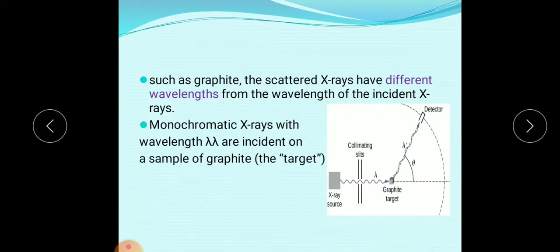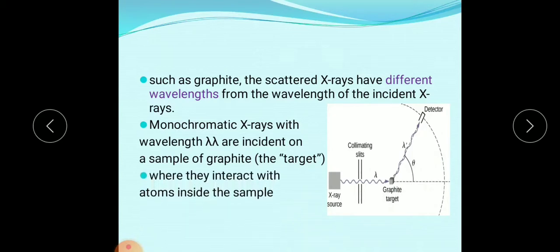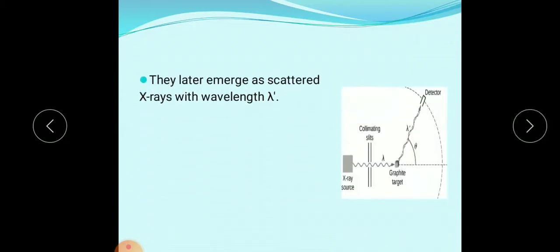The monochromatic X-ray with wavelength lambda is incident on the sample, and the target is graphite. After incidence, the X-rays interact with the atoms inside the graphite sample.